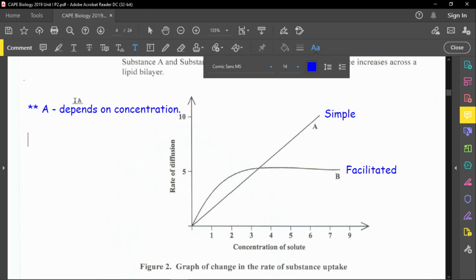All right, and now B, which is facilitated diffusion, depends upon the number of protein channels. So this one depends on the number of protein channels.